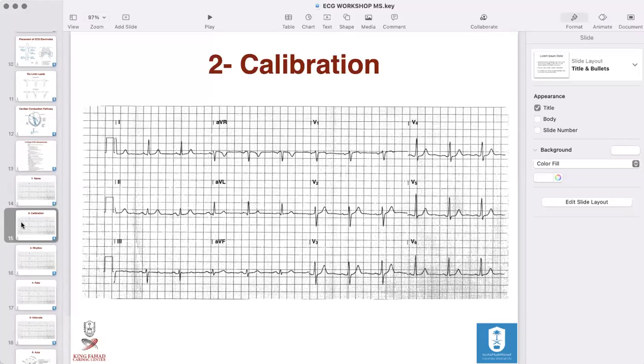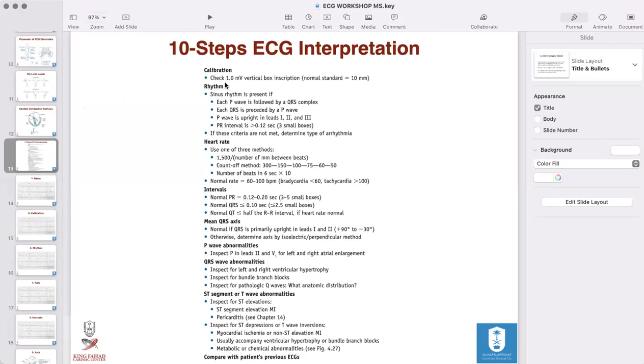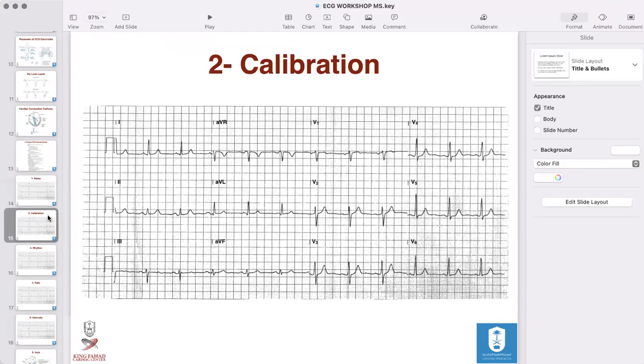Number 2, calibration. In calibration, as I told you, look at the beginning, look at the boxes. Usually in the calibration, you want to check there is a 1 millivolt vertical box, which is about 10 small boxes, because each small box in the vertical part is considered 0.1 millivolt.